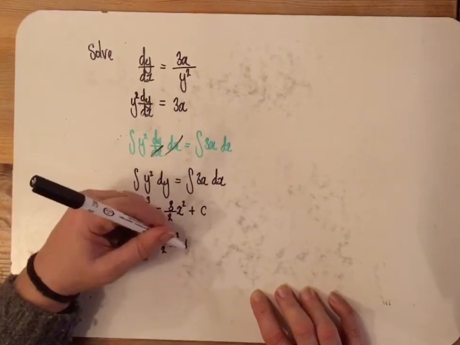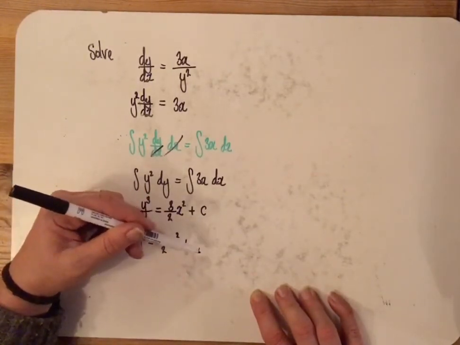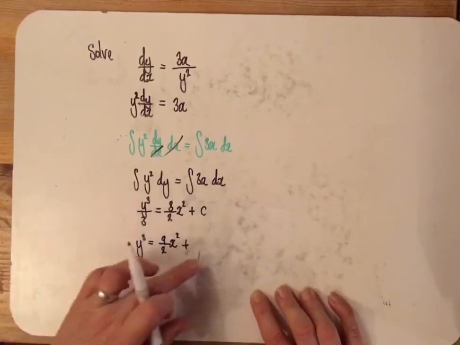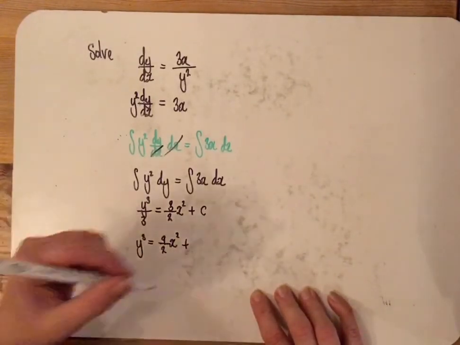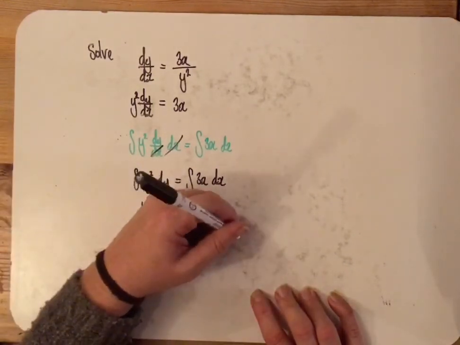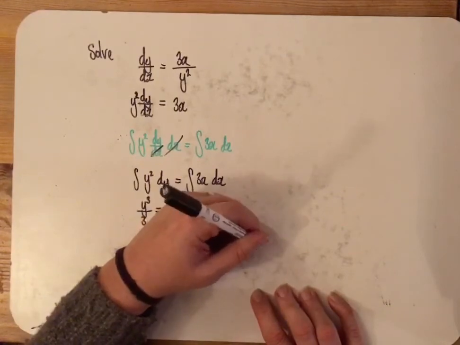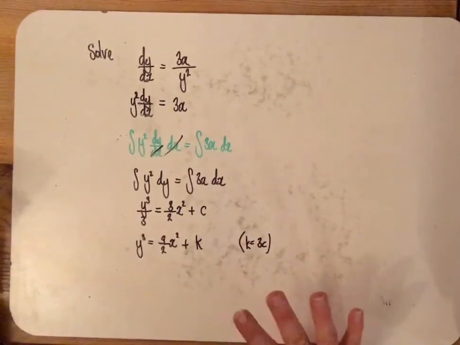And then I could times this constant by 3 and call it 3c, but we're still just adding a number on. If you were doing sort of degree level work, you would give that c another name and then write k equals 3c to make it really clear. But at this level you're not expected to do that.